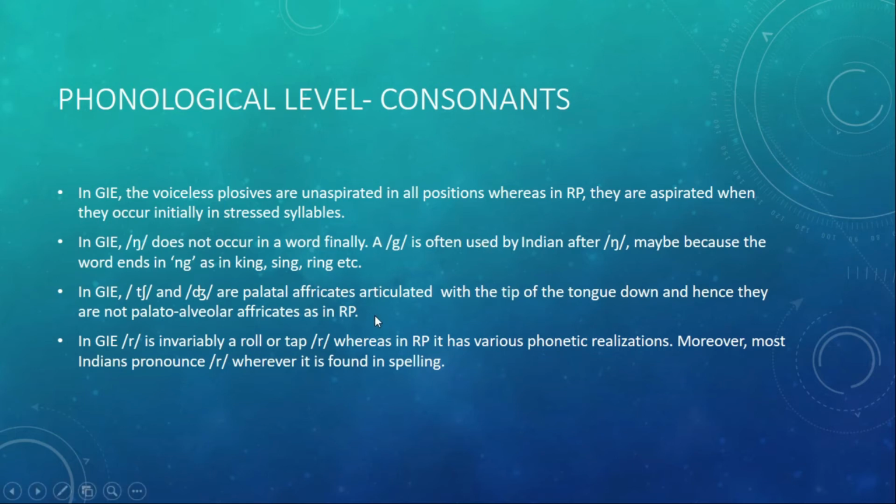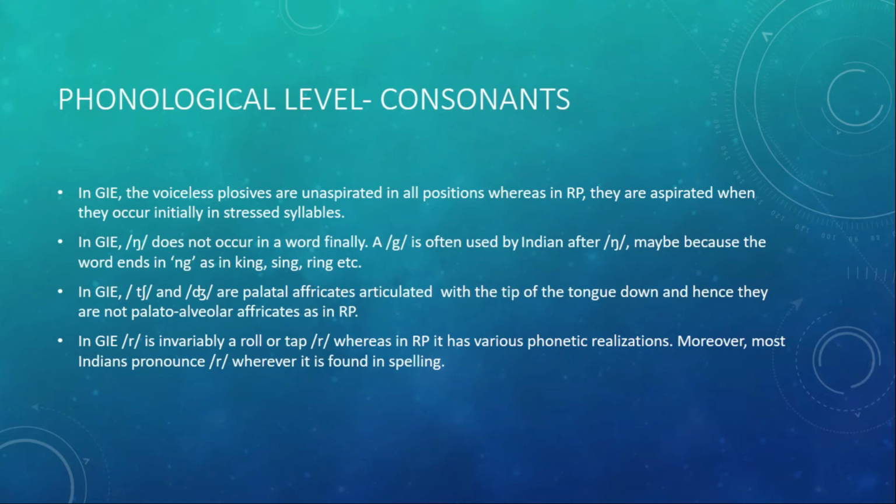Indians articulate them with the tip of the tongue down. Actually, the tip of the tongue should point up when ch and j are pronounced according to RP. But Indians usually don't raise the tip of their tongue. It stays down. That is why instead of becoming palato-alveolar affricates, ch and j in GIE are palatal affricates.